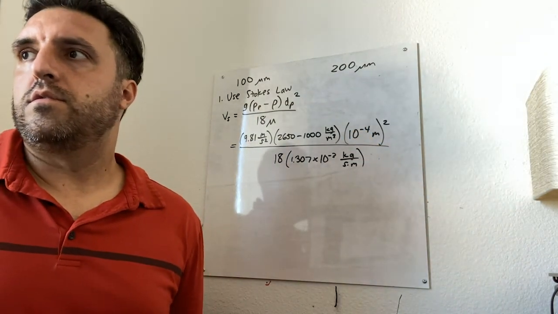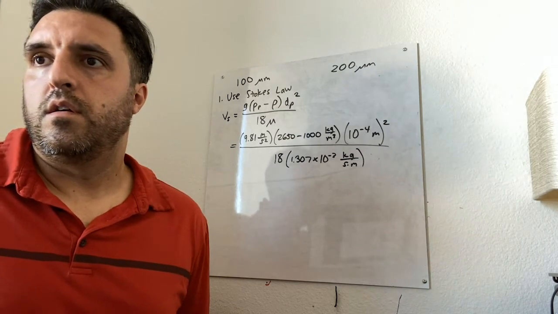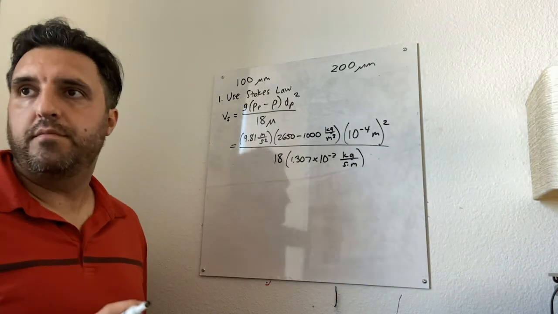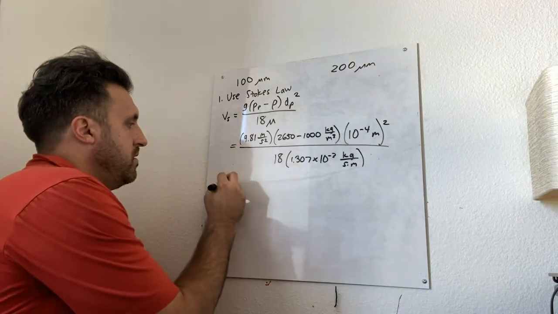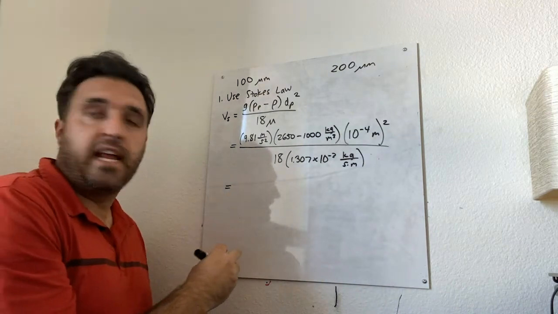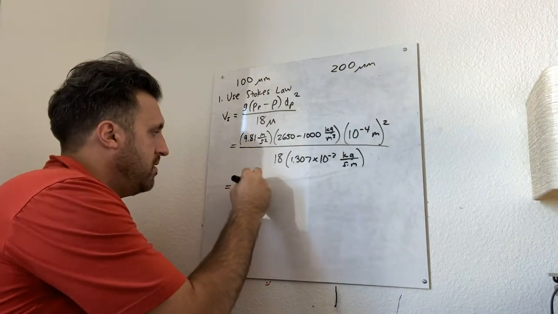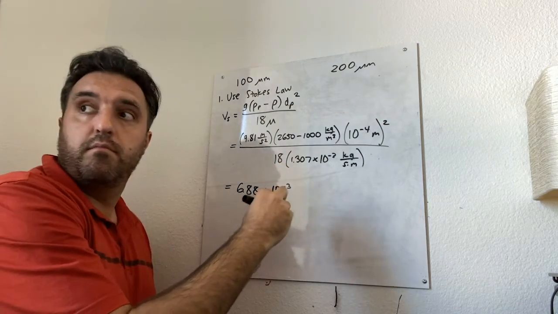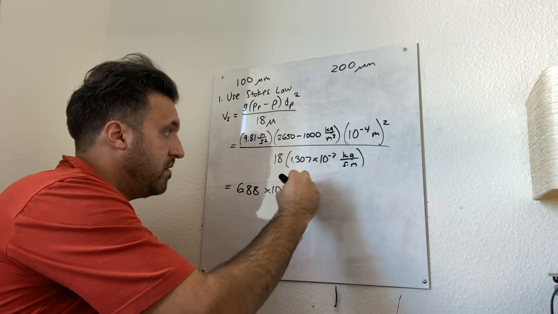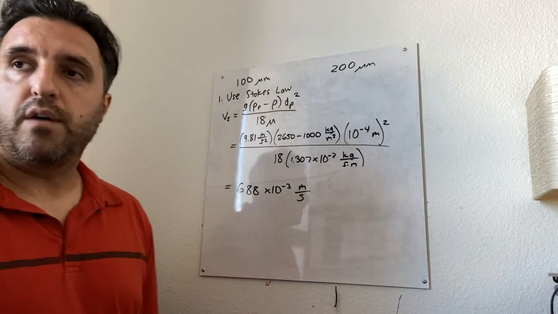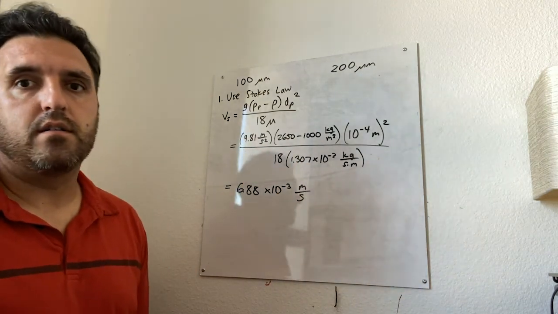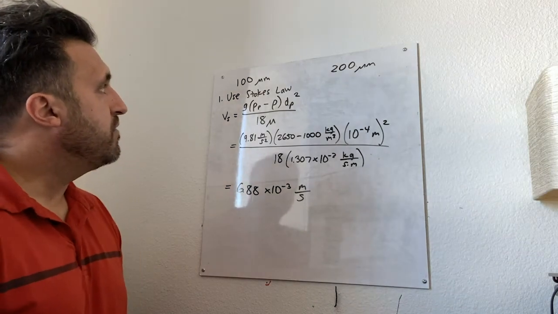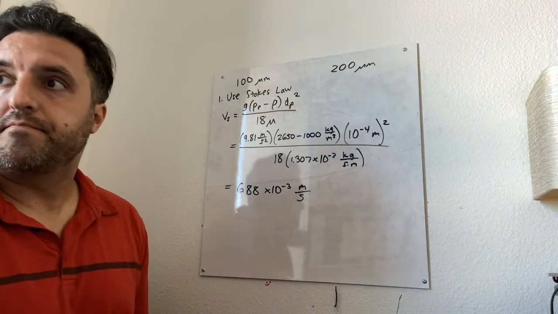All right, so that should be equal to 6.88 times 10 to the negative 3 meters per second. So that would be the settling velocity of this particle with a diameter of 100 microns.